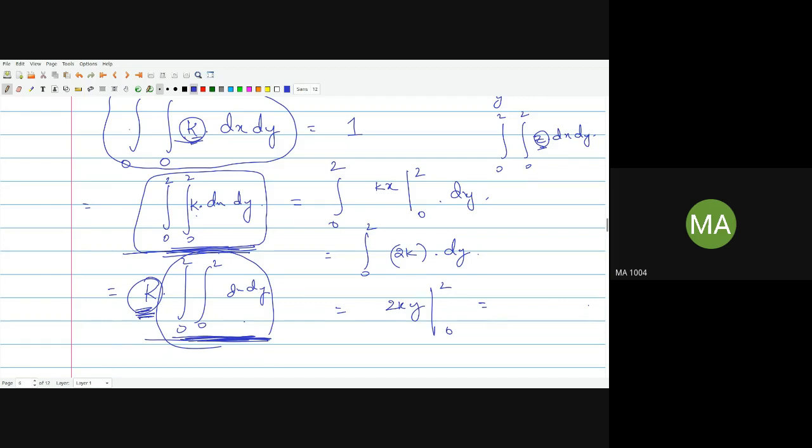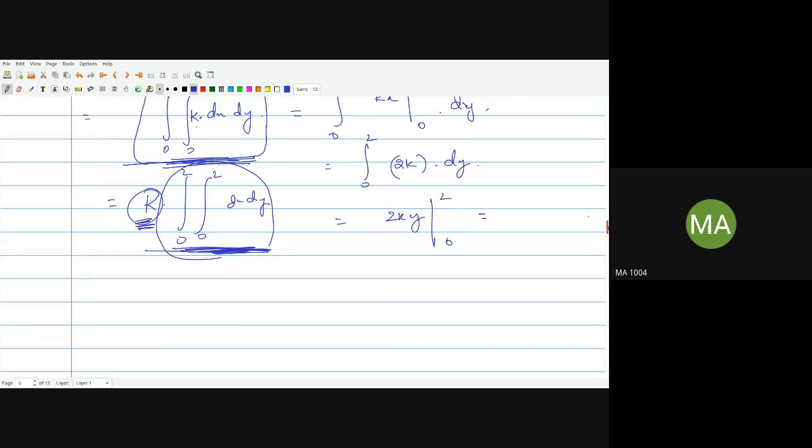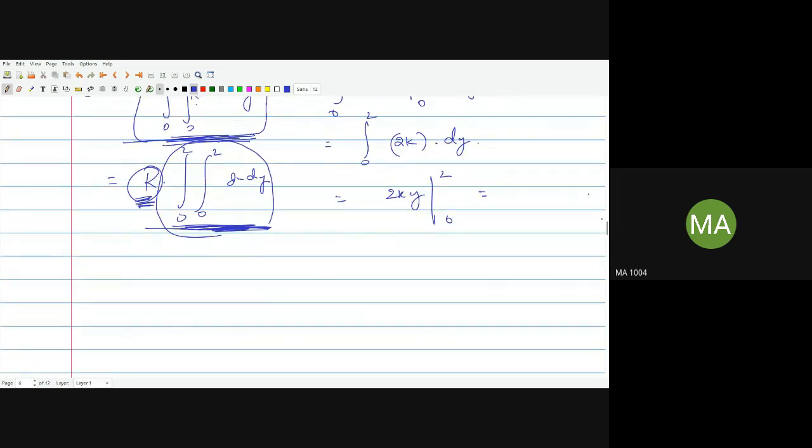Actually it is not area, but when you compute this double integral, it will equal the area. Sometimes if you derive something, that will be equal to something else, and we define it as a theorem.